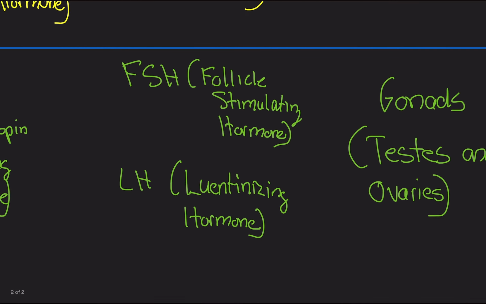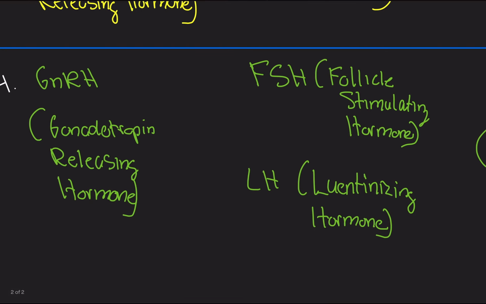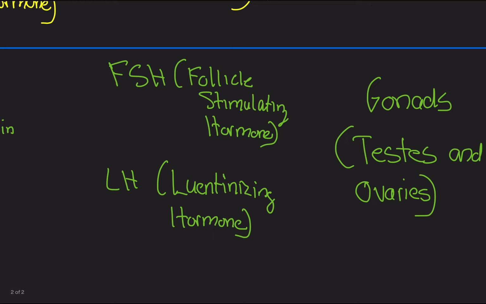In response, the GnRH is going to go to the anterior pituitary, just like the other ones, and the anterior pituitary is going to secrete FSH and LH. FSH is called follicle stimulating hormone, and LH is called luteinizing hormone.